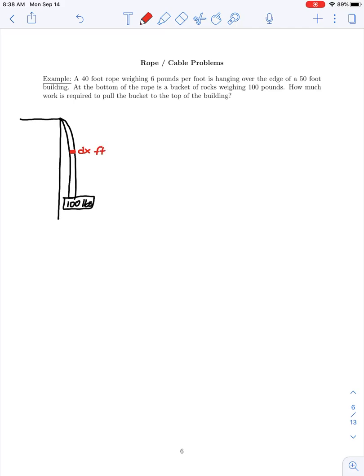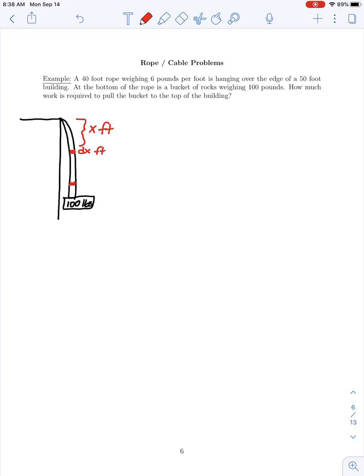And I'm going to determine how much work is required to lift this one little segment of rope to the top of the building. Now, a little notation I'm going to use here, the work required to lift this section of rope depends on the distance of this section of rope from the top of the building. So I'm going to let x, measured in feet here, denote the distance of my little section of rope from the top of the building.